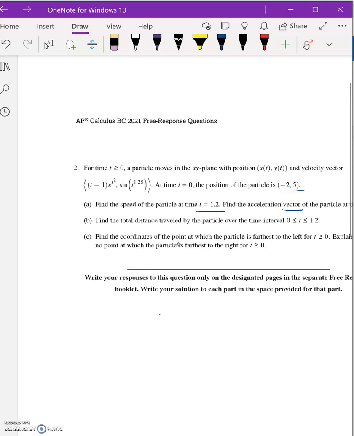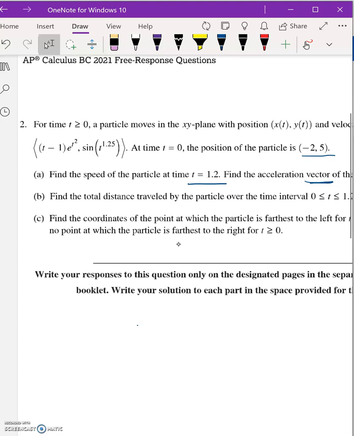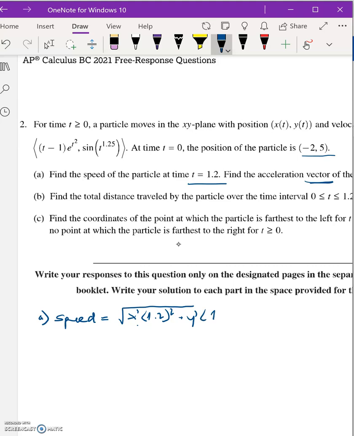To problem number 2. They were giving us the xy plane position of a particle moving, and we have the velocity vector and the position when the particle is at t equals 0. So we're trying to find the speed of the particle at t equals 1.2. So we have to write the speed equation now, which is the square root of derivative of x at 1.2 squared plus derivative of y at 1.2 squared.